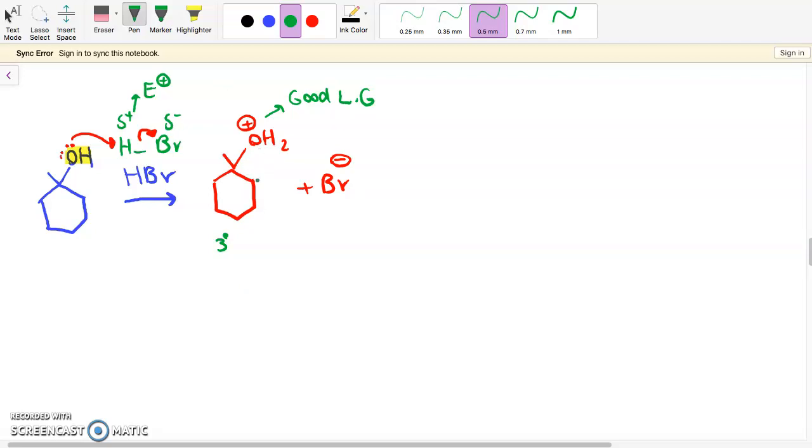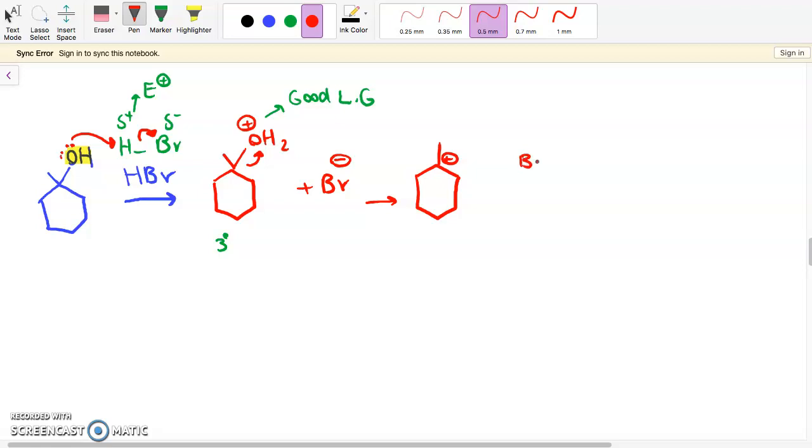For SN1 reactions, I know that there must be a generation of a carbocation. So that means that this is going to leave to give me the carbocation intermediate. And I know this is true because this is now a tertiary carbocation, and tertiary carbocations are very stable.